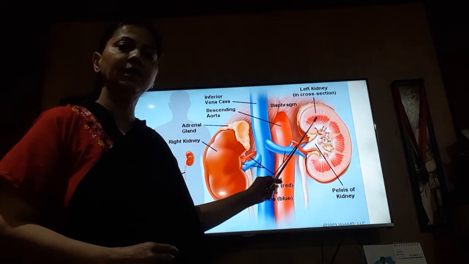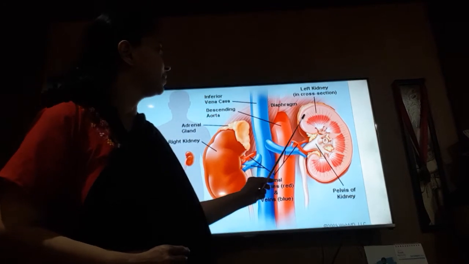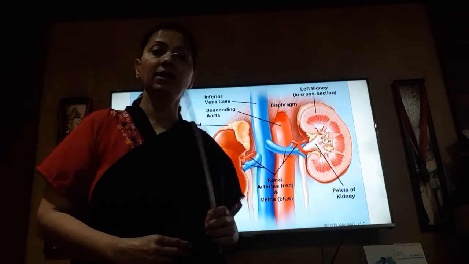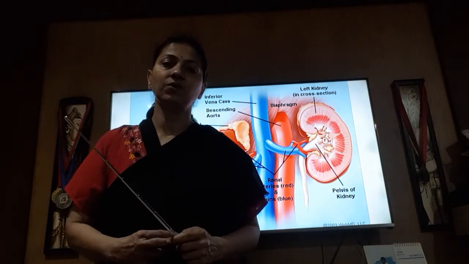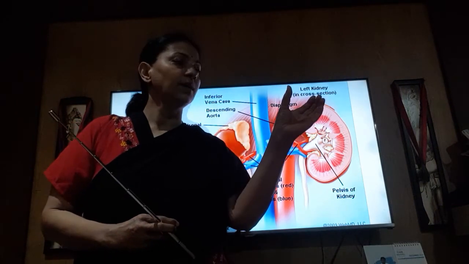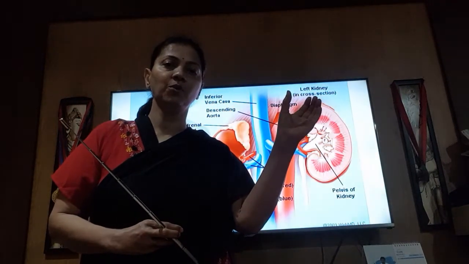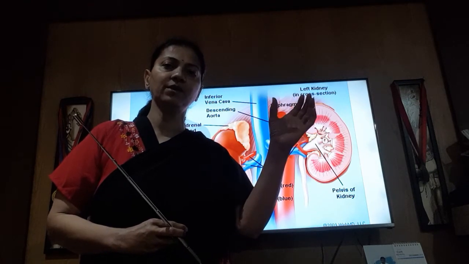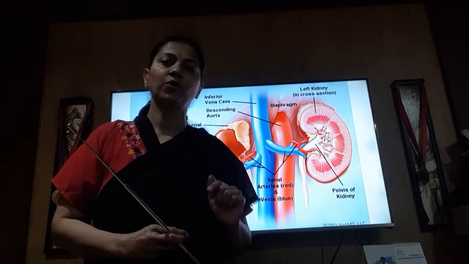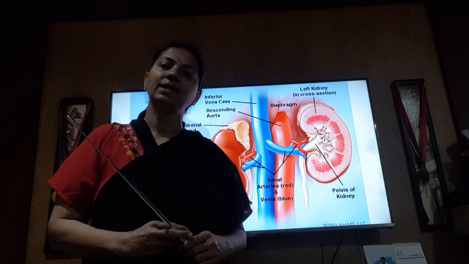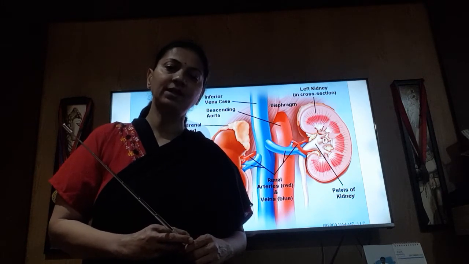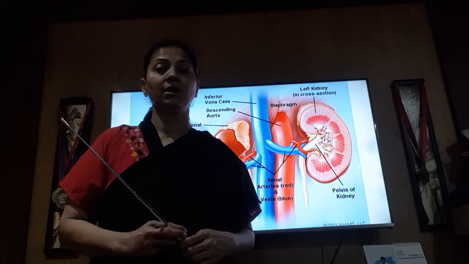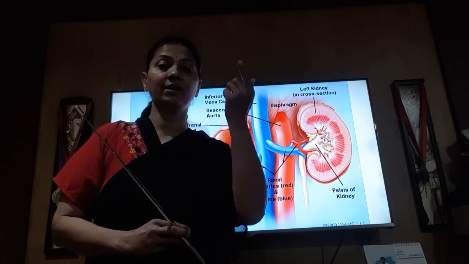The renal medulla contains renal pyramids, and you must be knowing the histology. In histology, how do you start? It is the cup-shaped glomerular capsule, Bowman's capsule, isn't it? Filled with the glomerulus. Then PCT, proximal convoluted tubules. Then the loop of Henle, descending limb. Then the ascending limb.